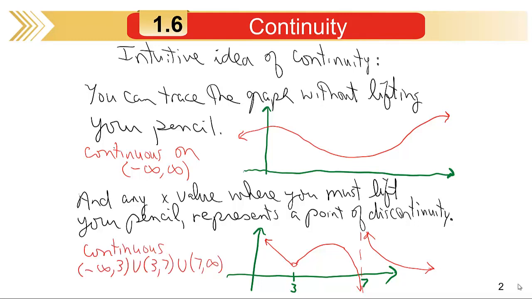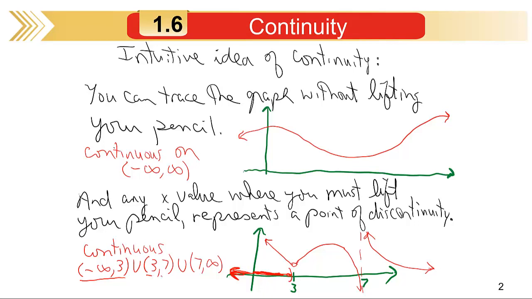Think of the number line, the x-axis, as a rope. If you have two discontinuities, it's like you've cut the rope twice. And if you cut a rope twice, you end up with 3 pieces. So the first piece represents everything from minus infinity all the way to your first point of discontinuity at 3, but not including 3.